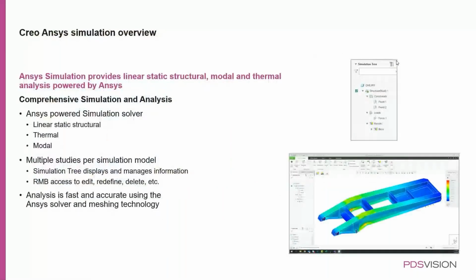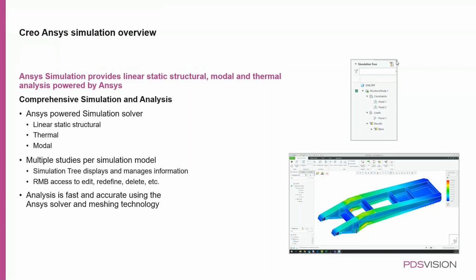So with that being said, I'm going to move on to Creo ANSYS. Creo ANSYS Simulation is a simulation tool that was added around Creo 7. The main distinguisher between this tool and the other tools, or specifically Creo Simulate, is that this is using the ANSYS mesher and solver.